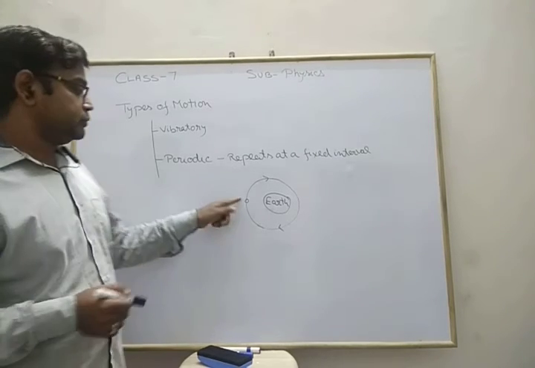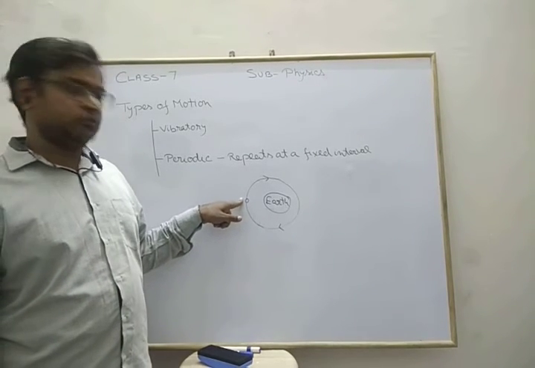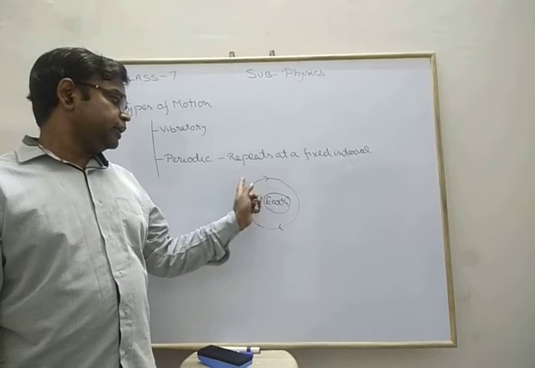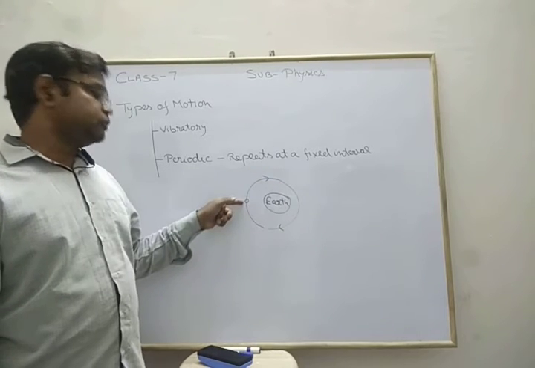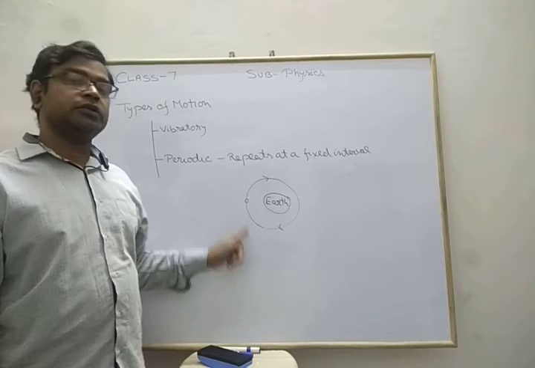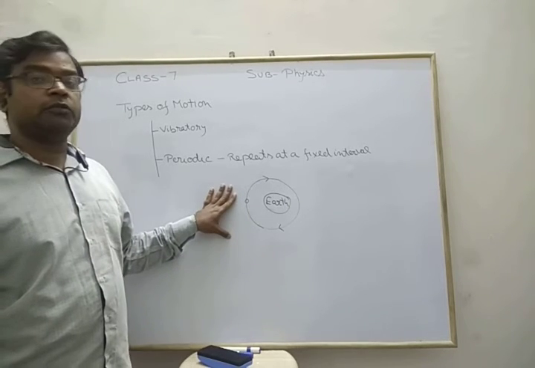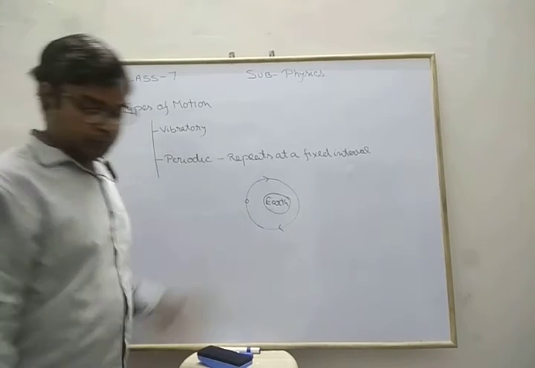After some time, about 29 to 30 days, it again comes back to its initial position. This is a complete revolution of the moon. This type of motion is known as periodic motion.